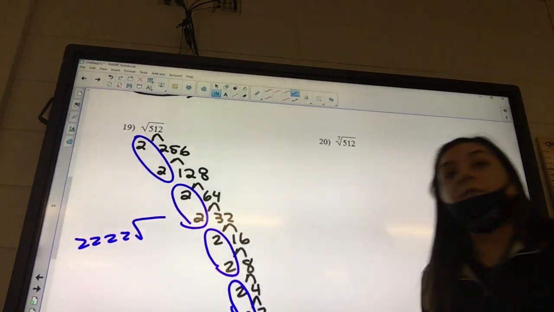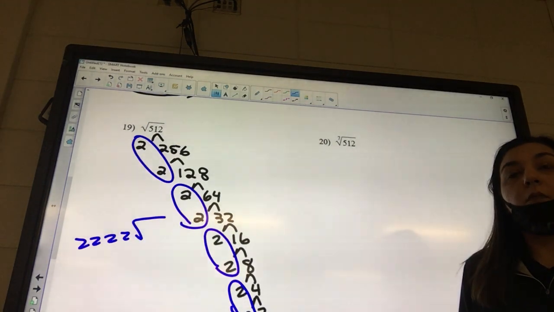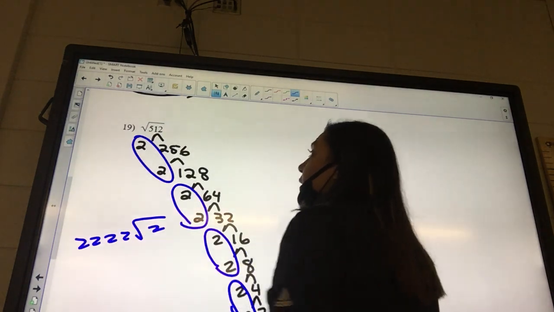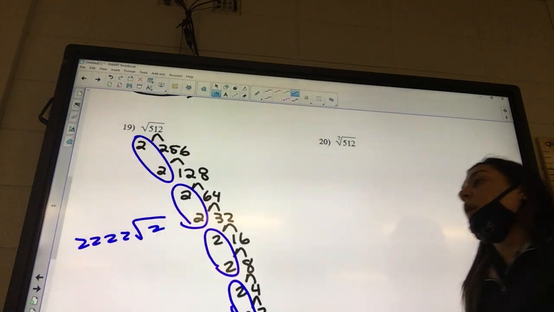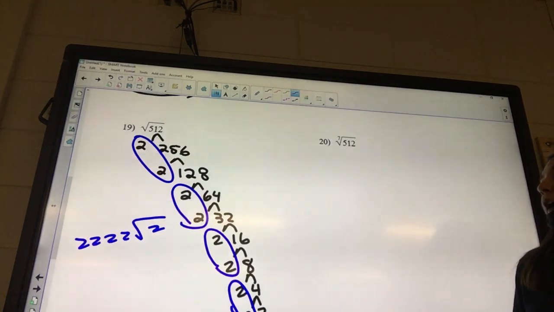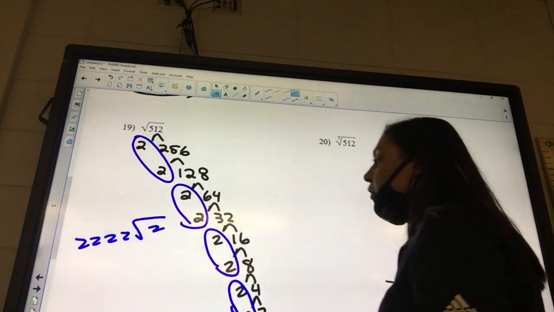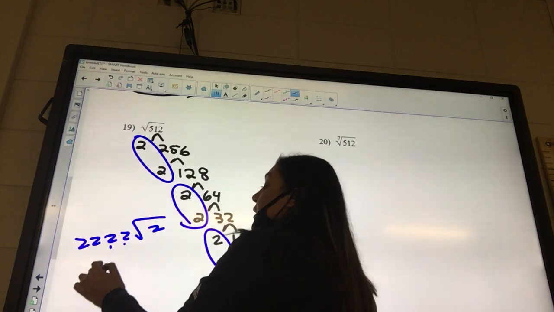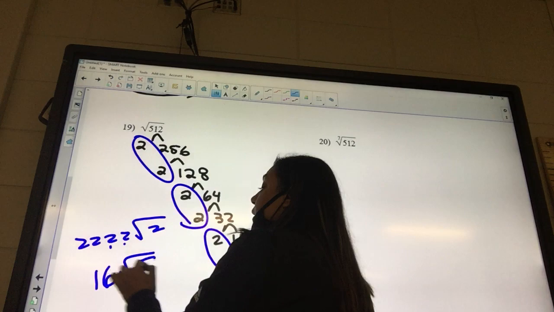Who cannot go? 1, 2. So it goes back on the inside. Okay, so we got 2 times 2 is 4, times 2 is 8, times 2 is 16. So you have 16 square root of 2.